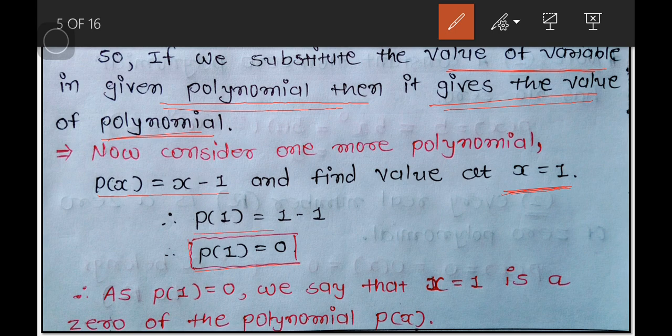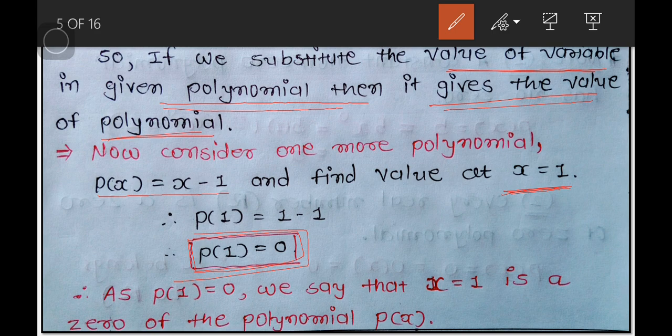Here you can see that if we put x is equal to 1 in p of x is equal to x minus 1, then we get p of 1 is equal to 0. So as p of 1 is equal to 0, we say that x is equal to 1 is a zero of the polynomial p of x.